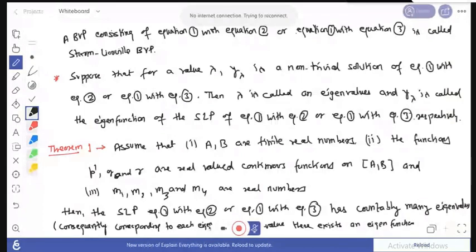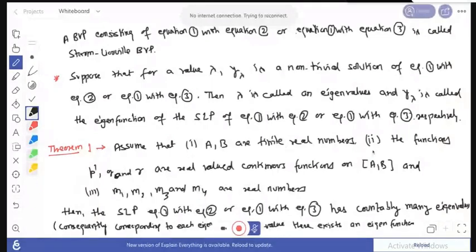The eigenvalues and eigenfunctions will come together. So corresponding to each eigenvalue, there exists an eigenfunction. Basically, this theorem 1 just guarantees the existence of a solution.